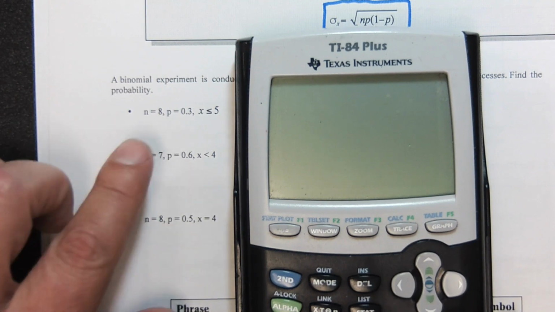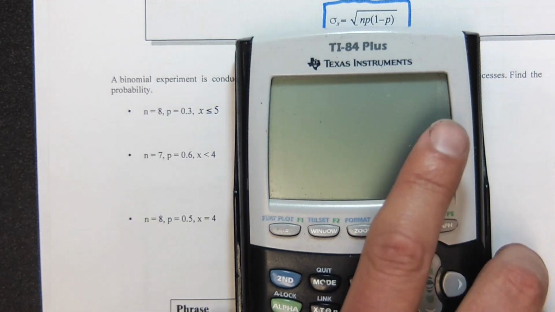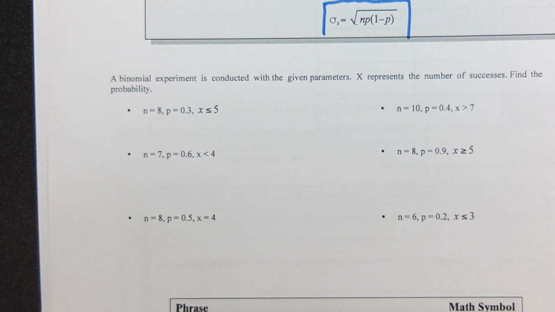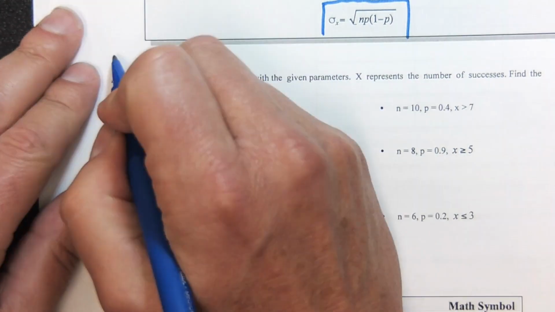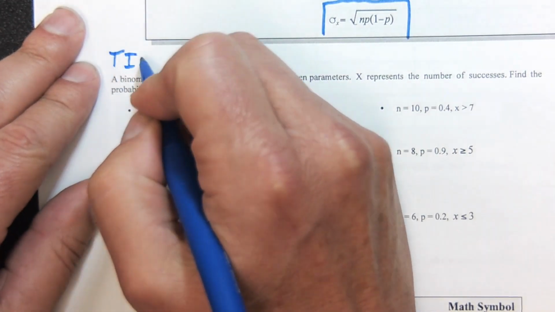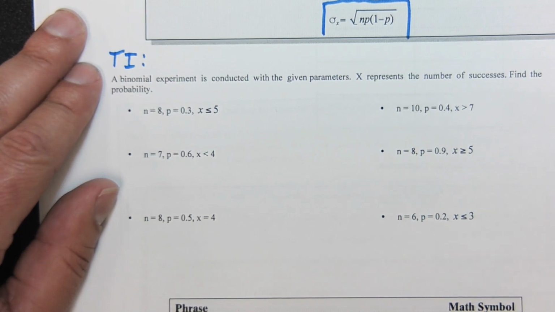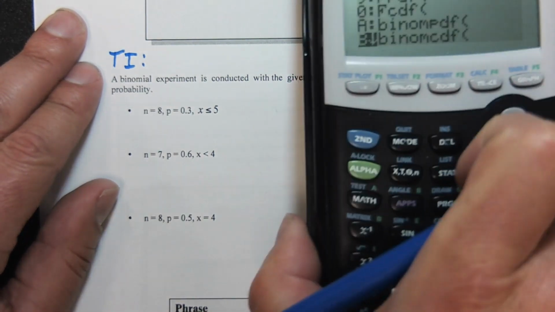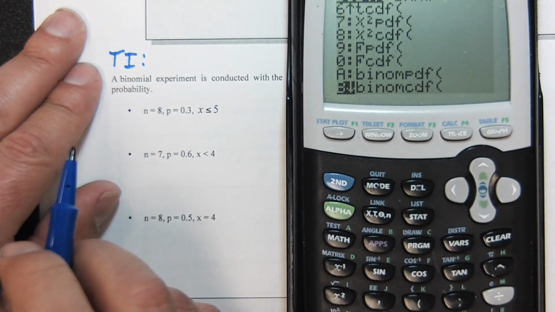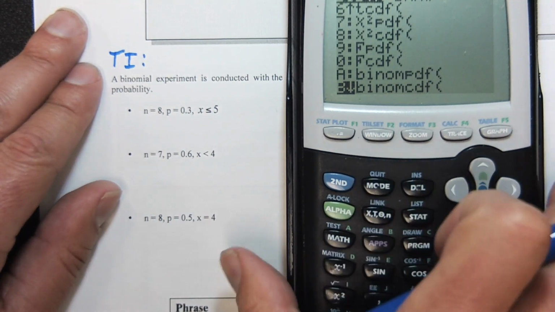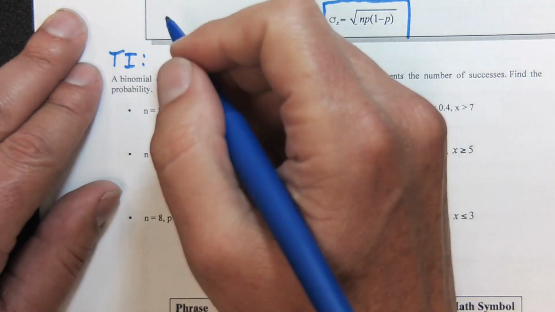So I want to take a look here and make it clear for a TI. We are going to have a binomial distribution, and I'll show you on the calculator in just a moment. So you can see the binom CDF and PDF. We'll talk about the difference between those in a moment.